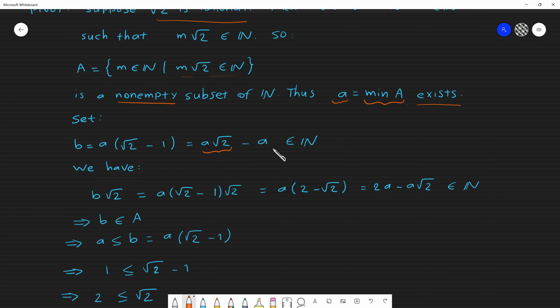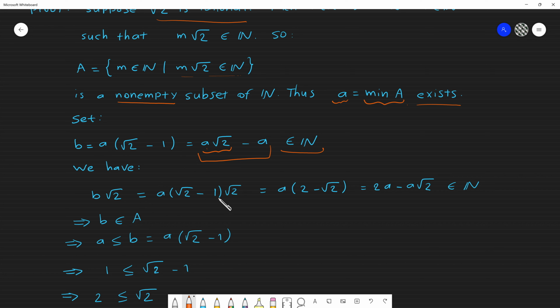And so this number is positive. We know it is an integer and we know that it is positive, so it is a positive integer.